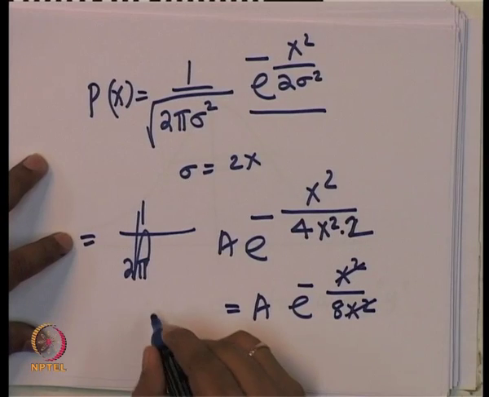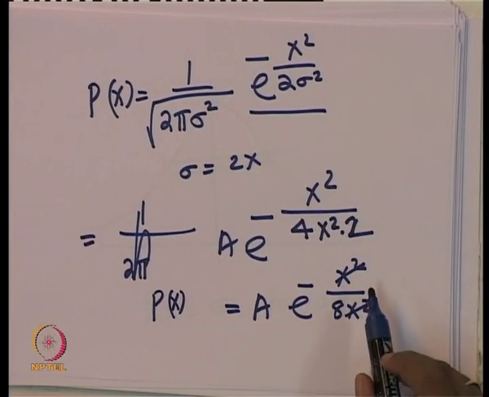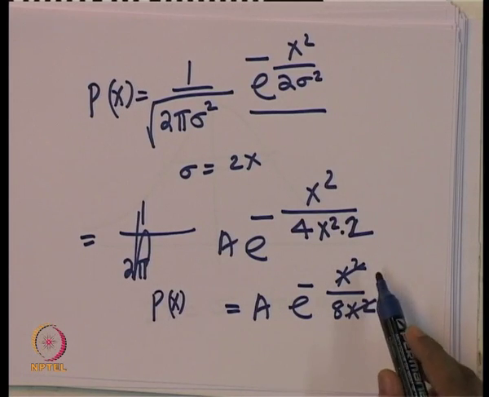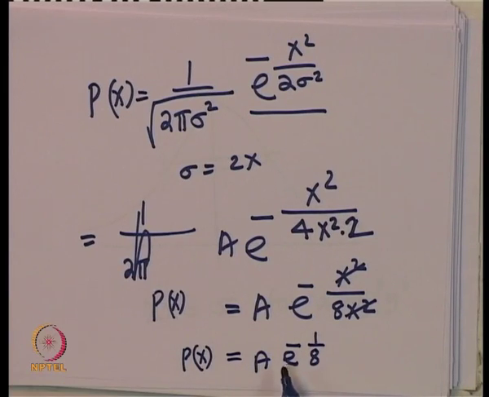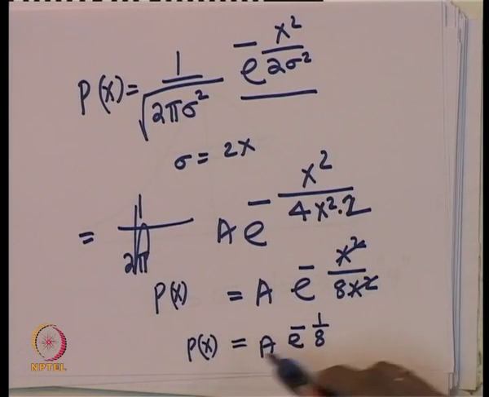So, we will get p of x is a e power minus x square by 8x square, and x square goes. So, what do you get? You get a e power minus 1 by 8. So, what is a? When x is equal to 0, if you put x is equal to 0, p of x is a.